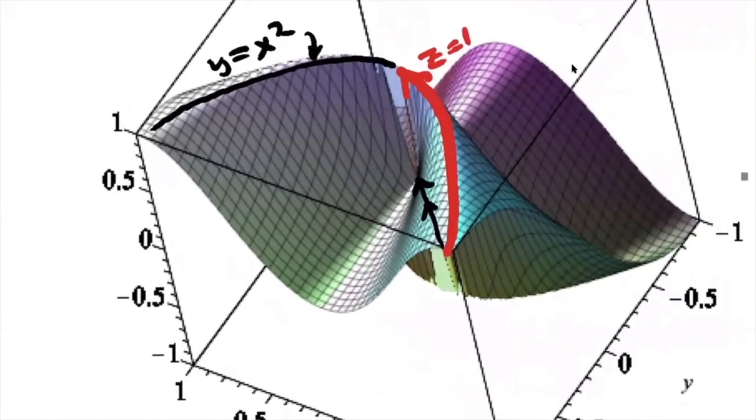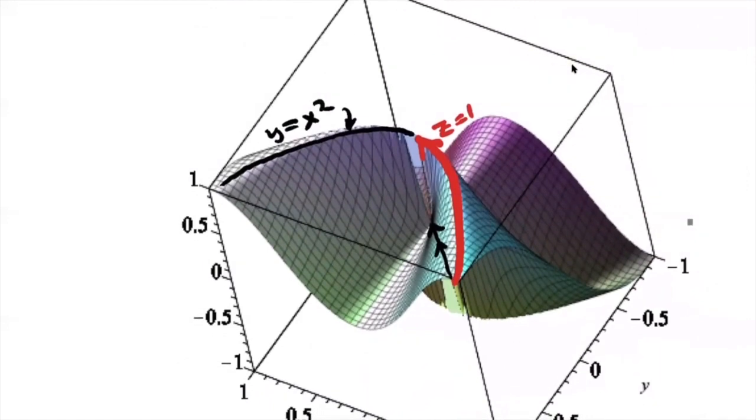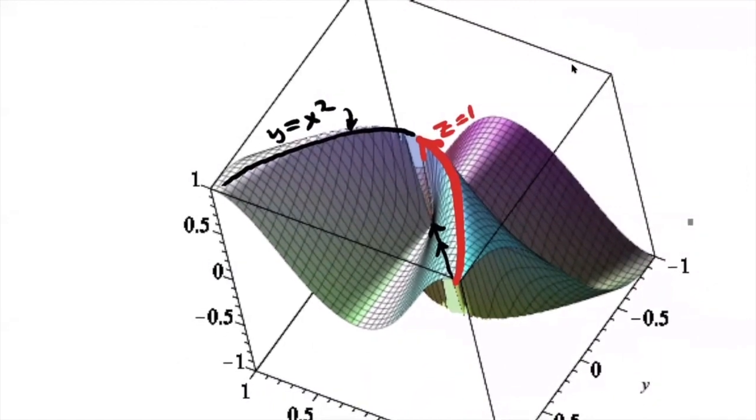Okay, so that's a straight line path. Is there any question about that? You get 1 if you stay on the ridge, you get 0 if you approach along a straight line, and it doesn't matter what straight line you approach along.